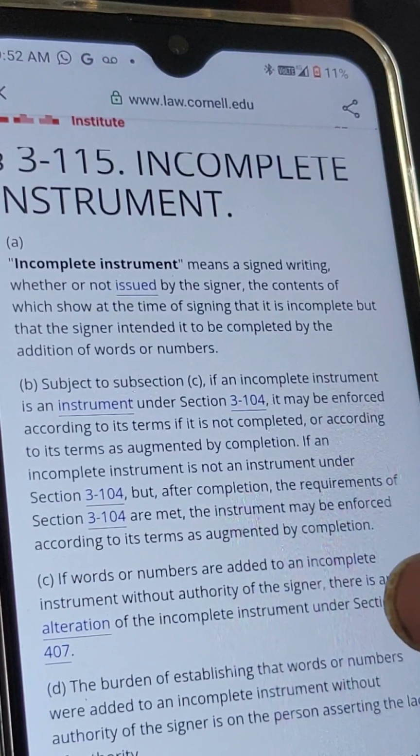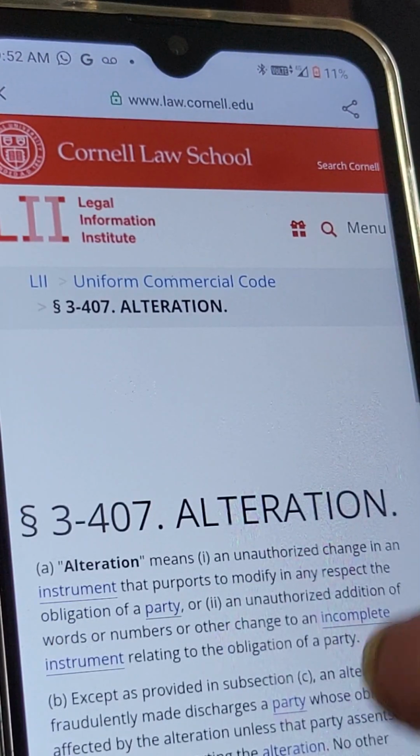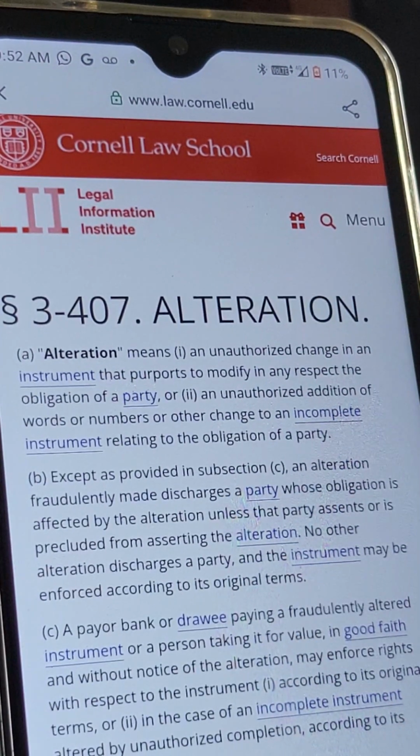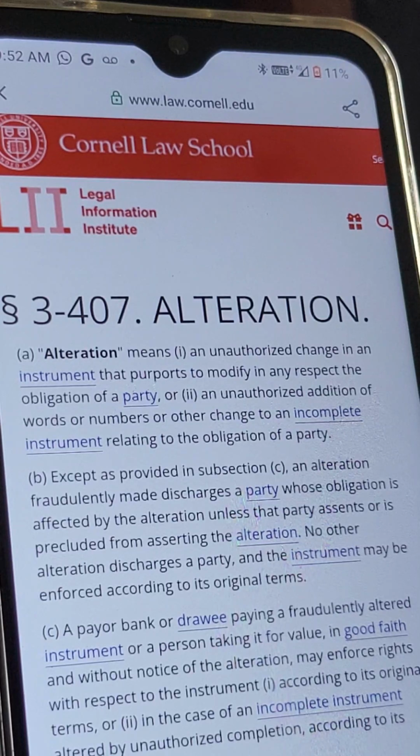Alteration. Section 3-407. Alteration. A, alteration means an unauthorized change in an instrument that purports to modify in any respect the obligation of a party, or an unauthorized addition of words or numbers or other change to an incomplete instrument relating to the obligation of a party.